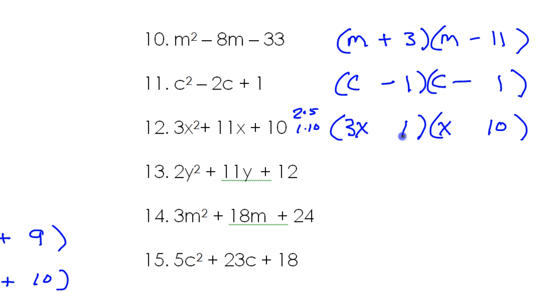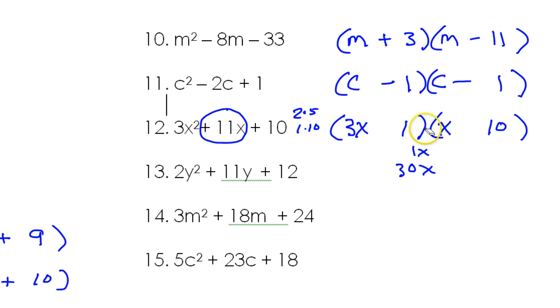And the reality is inner plus outer, including the 3, has to give us this middle. And the way I have it right now, inner is 1x, outer is 30x. No matter how I choose the signs, it's not going to make positive 11.